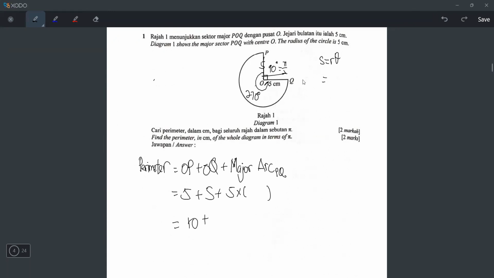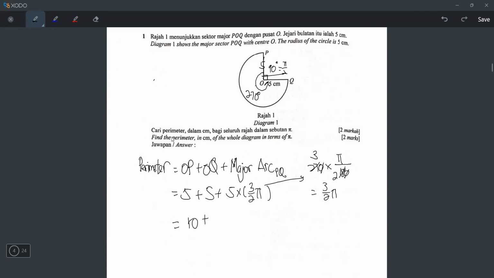So let's just do it like this. 270 times pi over 180, but they already say in terms of pi, so I won't use 3.142. I'll just keep the pi here, and then I can simplify, right? Cut the 0, divide by 9 is 2, 27 divided by 9 is 3. So it's 3 over 2 pi radian. And then here I'll write 3 over 2 pi.